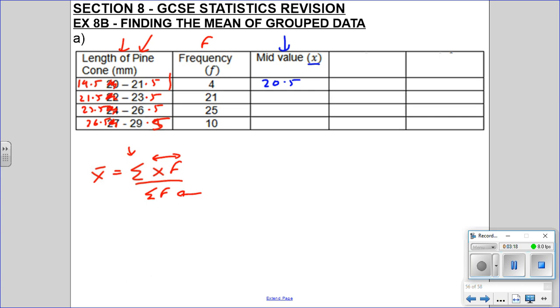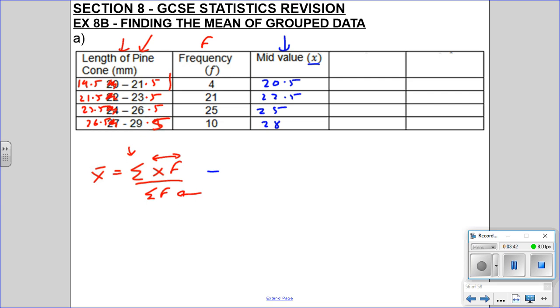And then we're going to have 22.5, and we're going to have 25, and we're going to have 28. So we're assuming that we found 10 pine cones of length 28, which of course is not completely accurate, which is why we say estimate the mean from a grouped frequency table. That's all we can produce, an estimate.